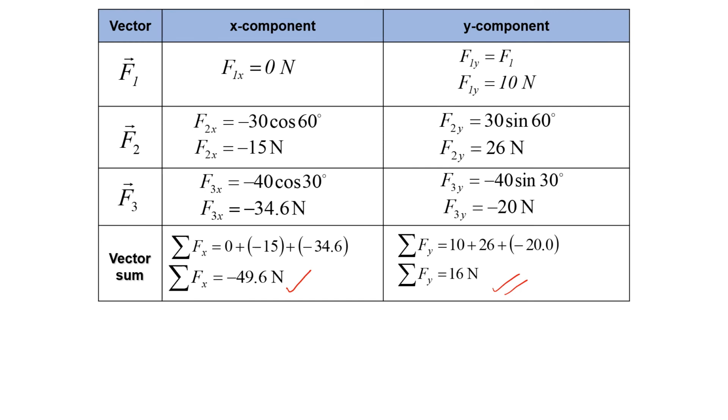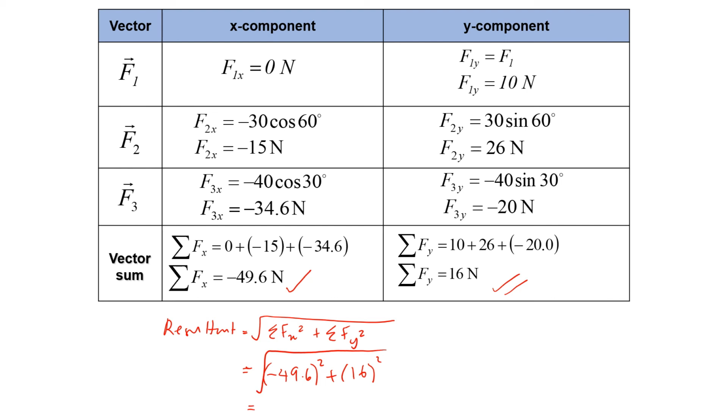As I told you before, to get the resultant we need to use the equation: the square root of summation of Fx squared plus summation of Fy squared. This is equal to negative 49.6 squared plus 16 squared, and then you can get the final answer. This is the magnitude.